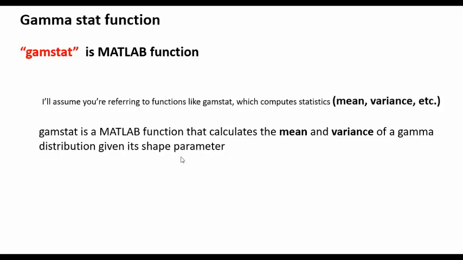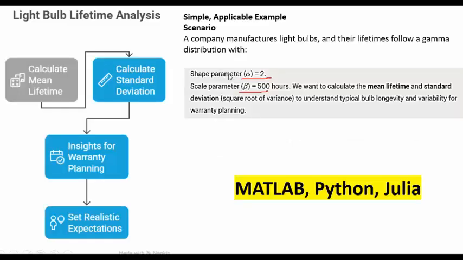So let's focus on our simple, applicable example scenario. Assume that we have a company that manufactures light bulbs, and the lifetime of these bulbs follows a gamma distribution. The important condition for using the gamstat function is that the product must follow a gamma distribution.